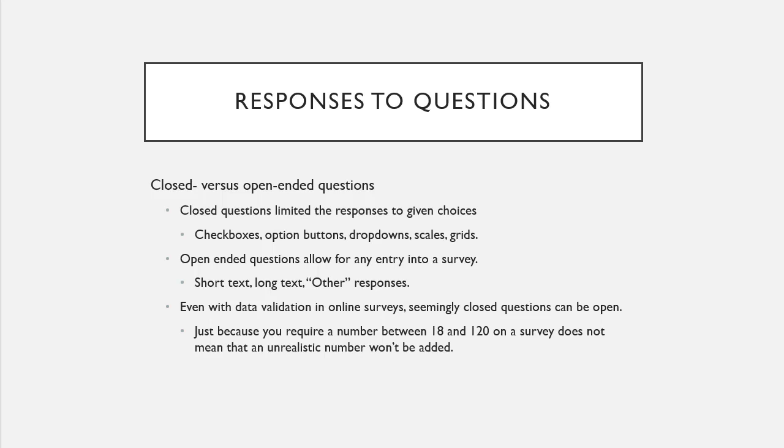And you only have a certain amount of responses that you can possibly answer with because of the way that the researchers have limited the type of responses you can have. Then you have open-ended questions that allow the respondent to enter anything that they want to. Usually those are short text boxes or long text boxes like the paragraph ones, or even the other responses.